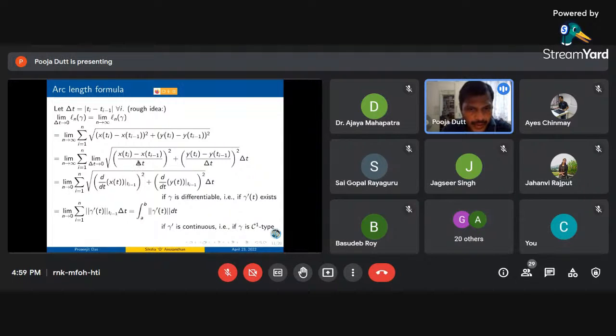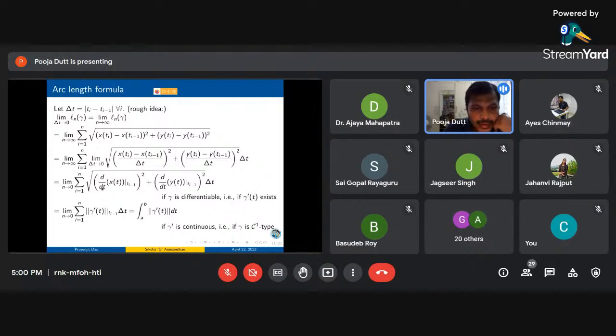What you do is divide by delta t, and we can take delta t to be the same for each sub-partition. It will go under the square root as a square, and since n tending to infinity is equivalent to delta t tending to 0, as the number of points increases to infinity, the distance between the points tends to 0.